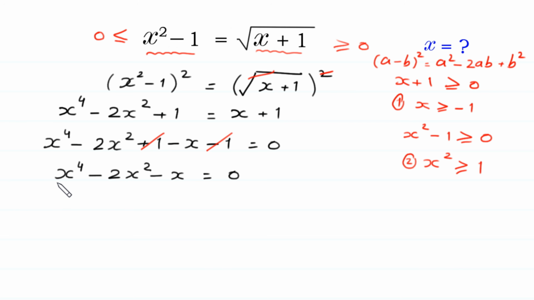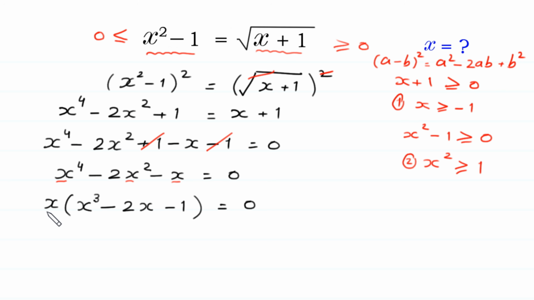Now from here we can factor out x. So we factor out x times, in bracket left, x cubed minus 2x minus 1 is equal to 0.